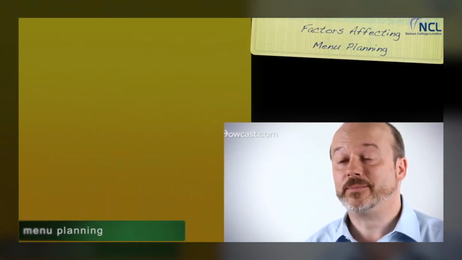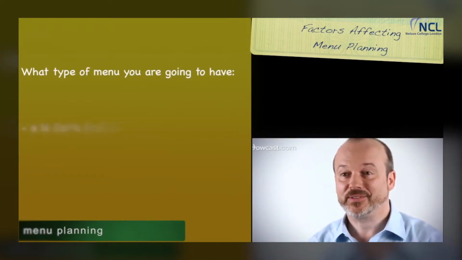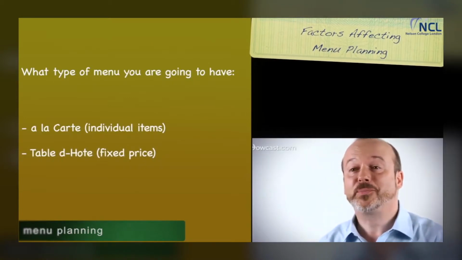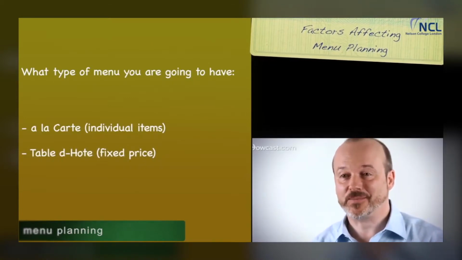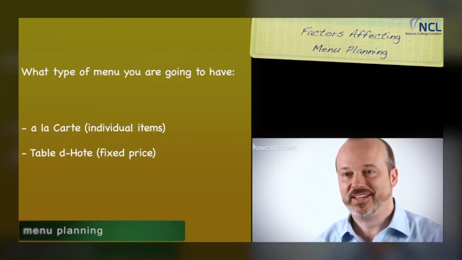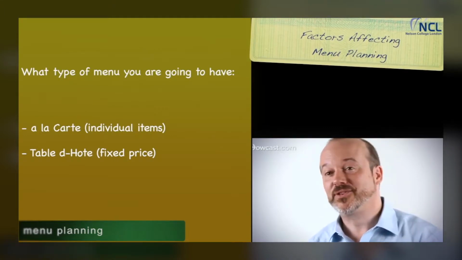Will you expect them to order a la carte, individual items from the menu, or will you expect them to order what's called prix fixe, or a fixed price menu, where they spend one price for multiple courses? All of this depends on the style of your restaurant, the level of service, the level of price that you're expecting your guests to pay.